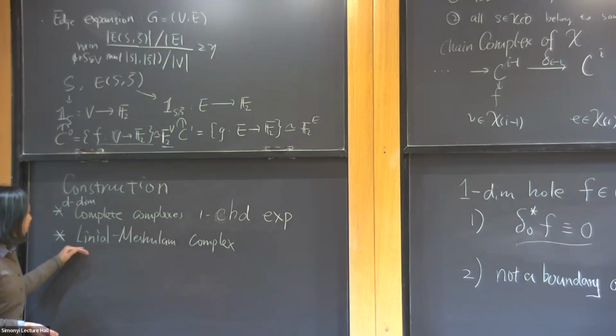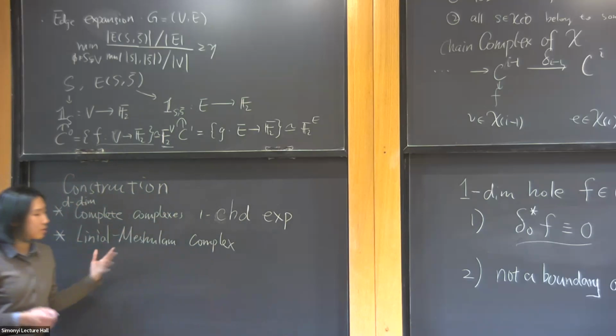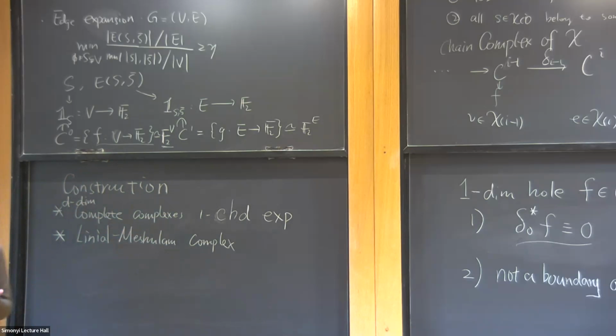So the linear Meshulam complex, basically what they do is, if they're considering a d-dimensional simplicial complex, they subsample the top level faces. Don't they demand that the level below is complete, so it doesn't satisfy your original? Yeah, you're right. They don't have this uniformity.